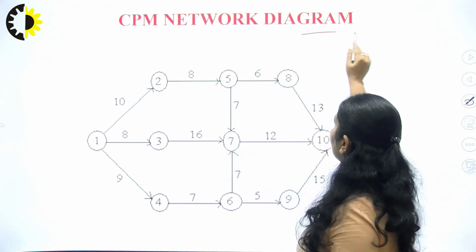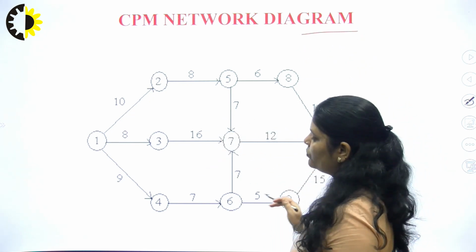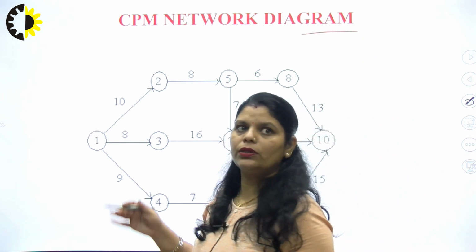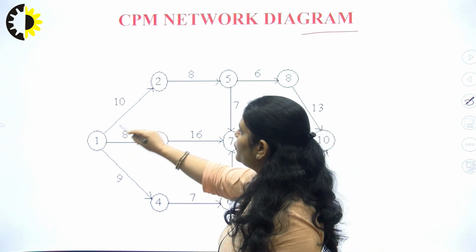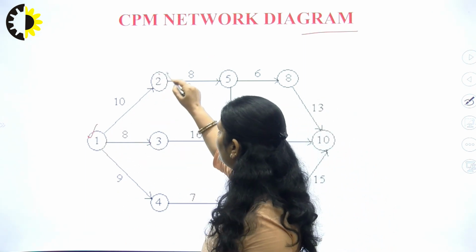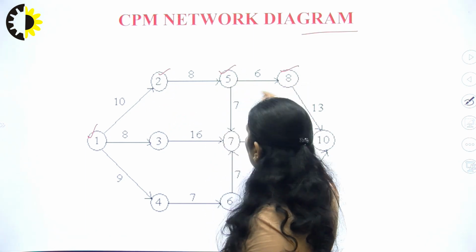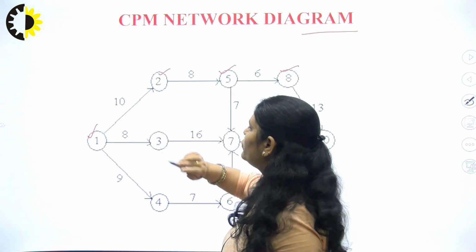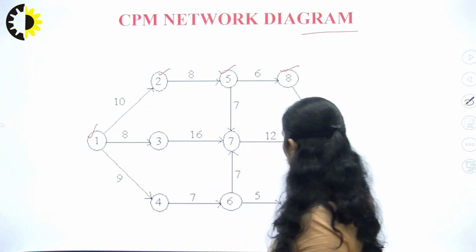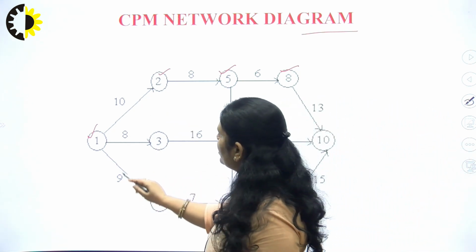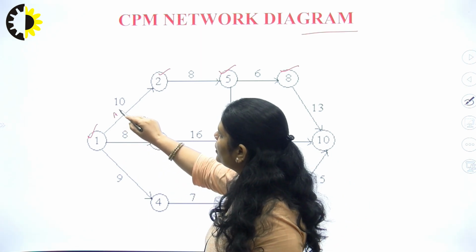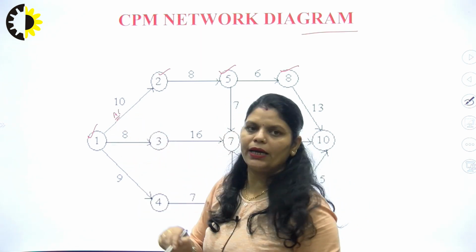Now we have taken one example, one network diagram, to show the CPM network diagram. So we can see here there are different nodes. These are indicating the nodes. Okay, and these are showing the starting and ending of an activity. So we can see in this diagram there are 10 nodes, and we can represent them by a symbol also.